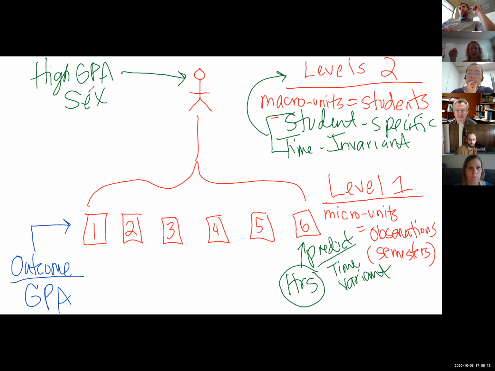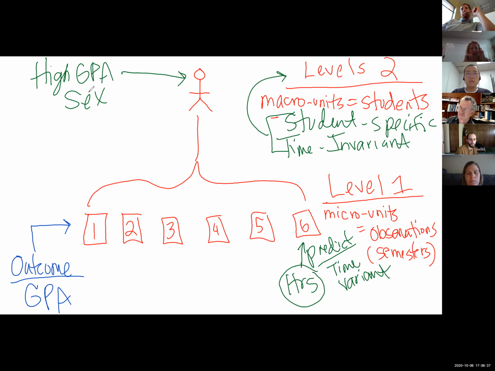Now, you can all imagine sometimes variables can change, but the question is, do we measure it one time, like baseline depression? Even though depression could change throughout time, do we measure it once and assume that it's static, or do we measure it at every time that the outcome is measured?